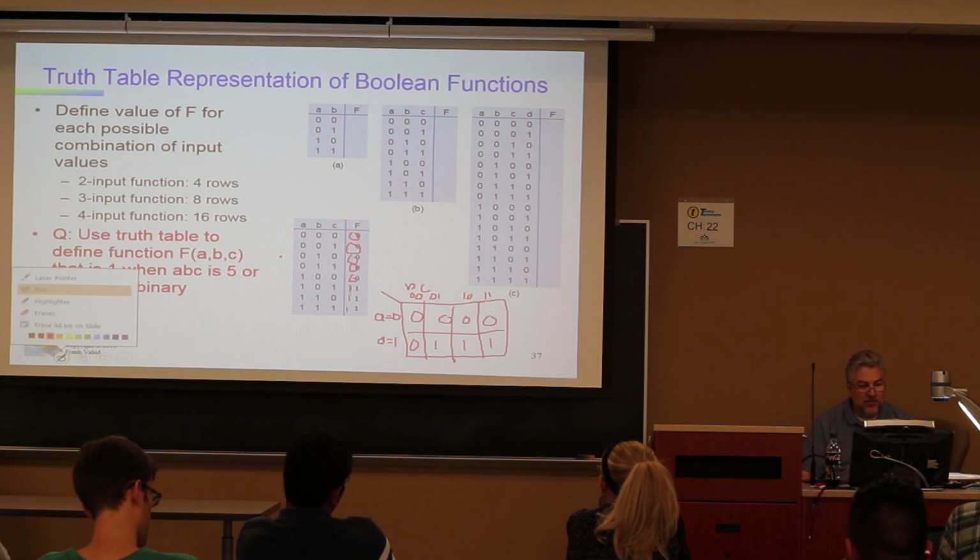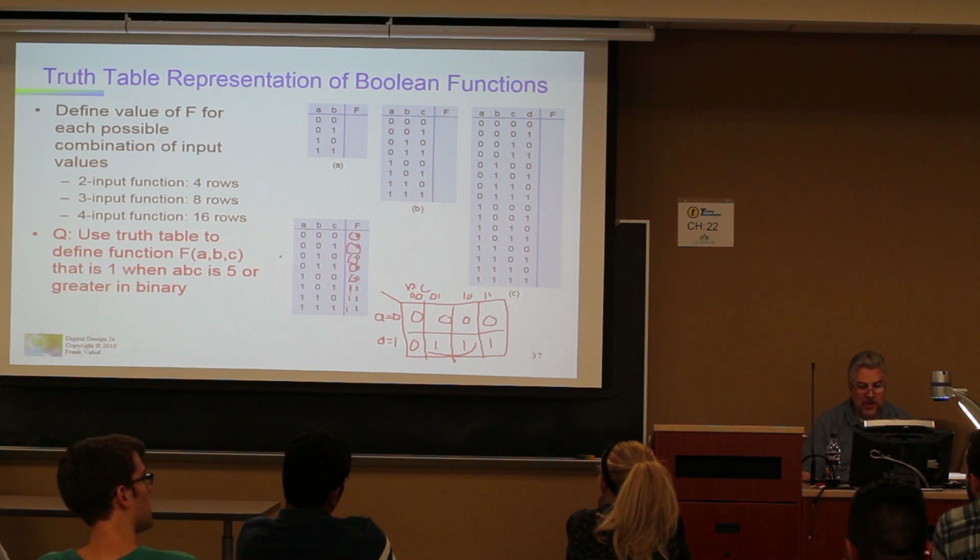So if we look at this from a K-map respect, oops, I'm supposed to do that. We can group those two together, but we could also group these two together.